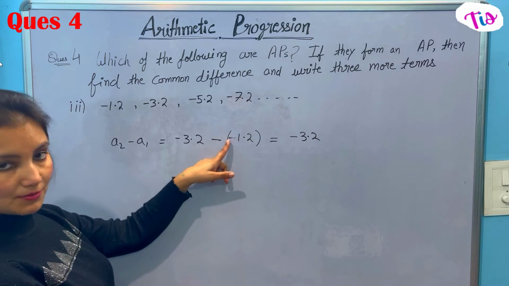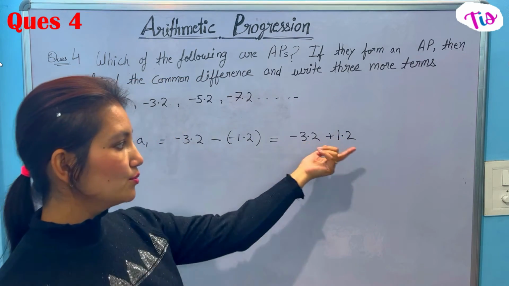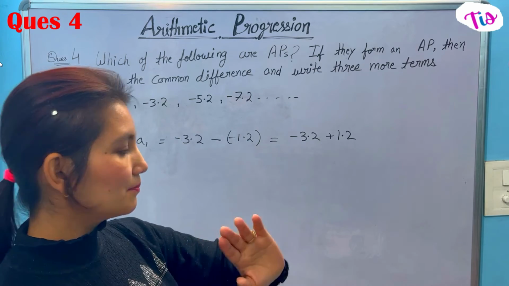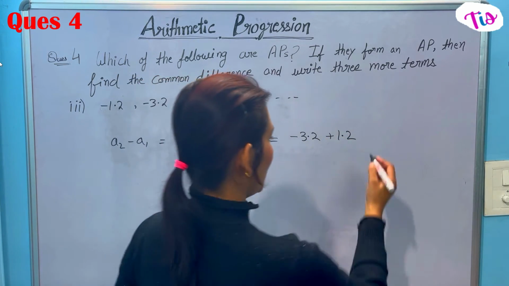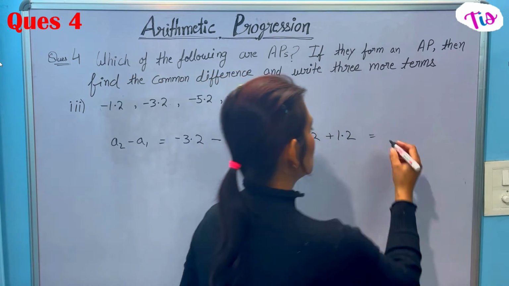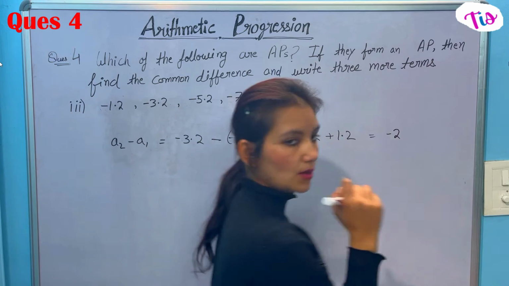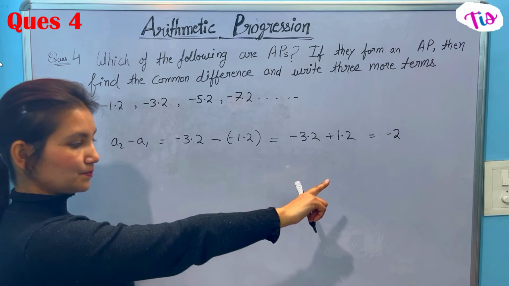Minus will become plus 1.2. Now minus 3.2 plus 1.2: 3.2 minus 1.2 will be 2, and the sign will be of the greater number, that is 3.2. So the answer is minus 2. The difference A2 minus A1 is minus 2.